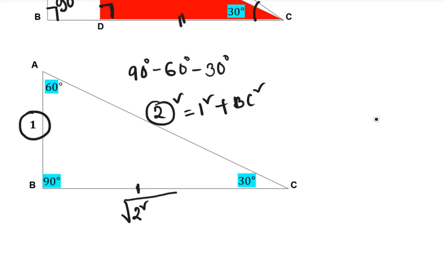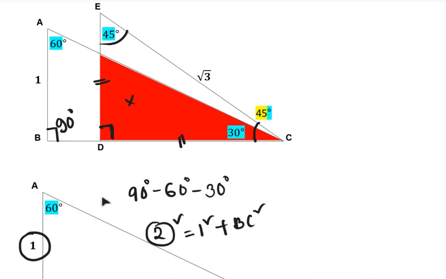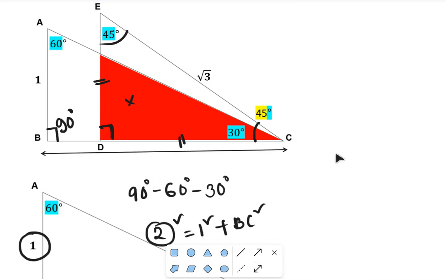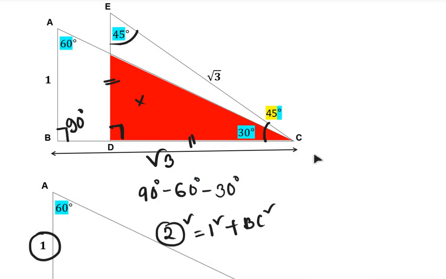So BC length is equal to square root of 2 square minus 1 square. Indeed, this will be square root of 3. So up to this length, from B to C, this is actually square root of 3.